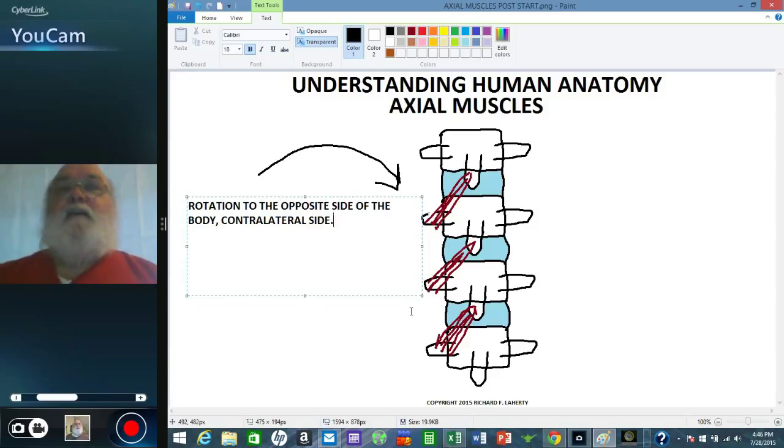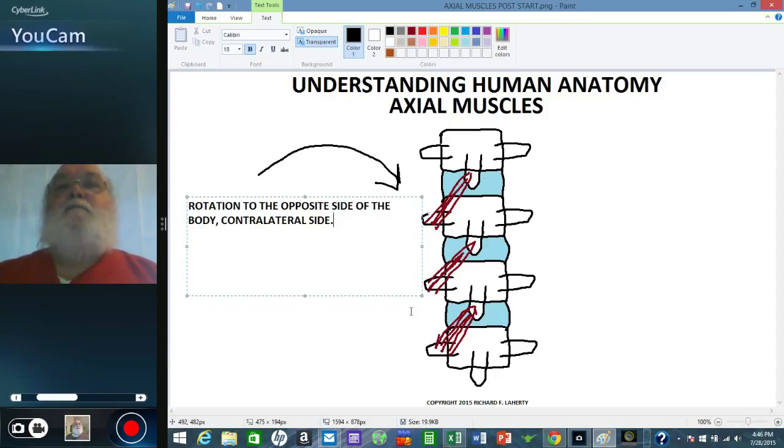Muscles that lie posterior or on the posterior surface of the vertebra are called postvertebral muscles. Again, when both sides are acting together, they extend the spinal column, and they're innervated segmentally by the posterior ramus of the spinal nerve.